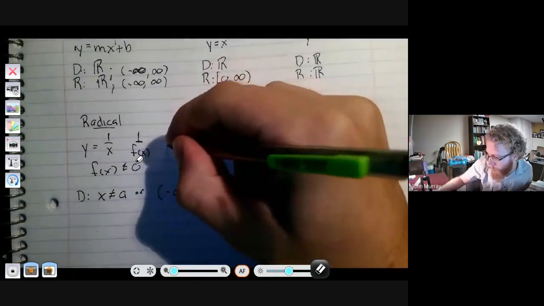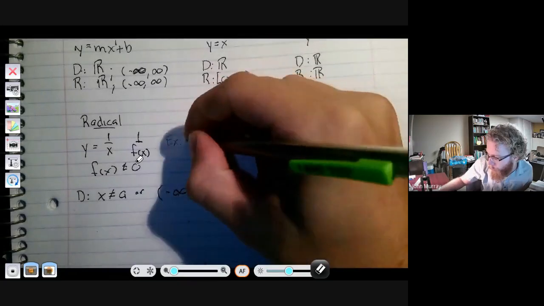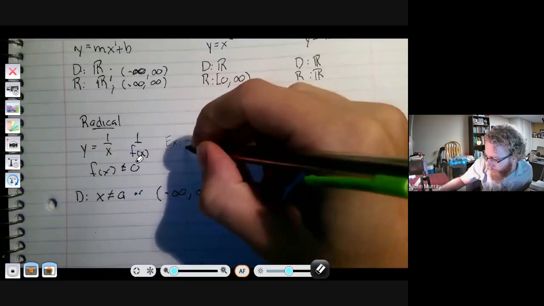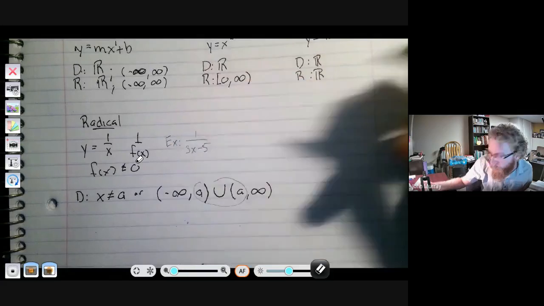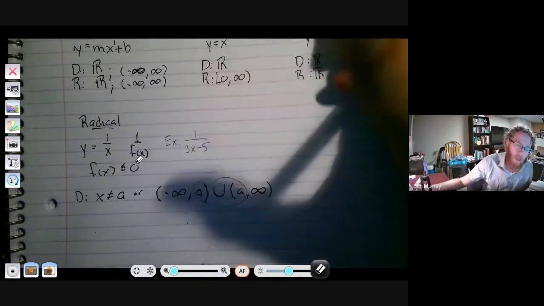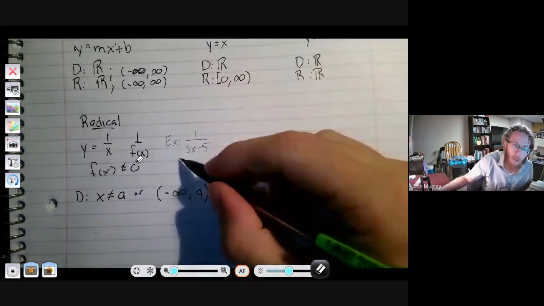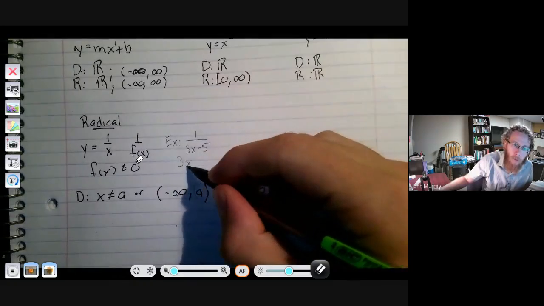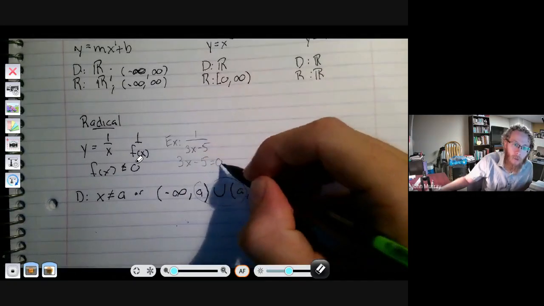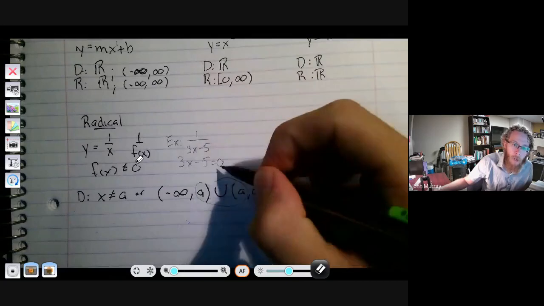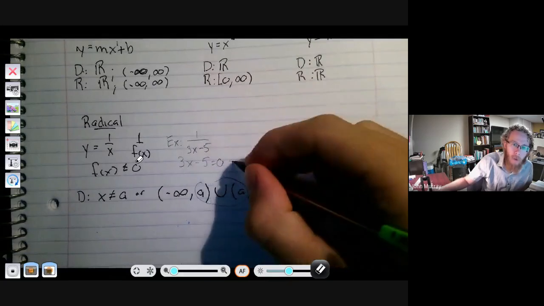So for example, if I have 1 over 3x minus 5, and I'll let you guys practice this, what we're going to do is you set the bottom equal to 0, and you solve. So we would add 5 to both sides, divide by 3.